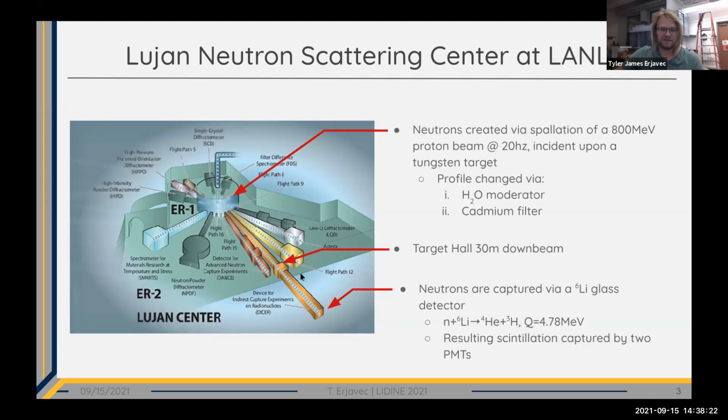The neutrons, if they survive and get all the way down to the end, are eventually captured on a lithium-6 glass detector, where the neutron hits lithium and pops out a helium and a hydrogen. We know the exact Q for this reaction, and then we get scintillation light that's captured by 2 PMTs.